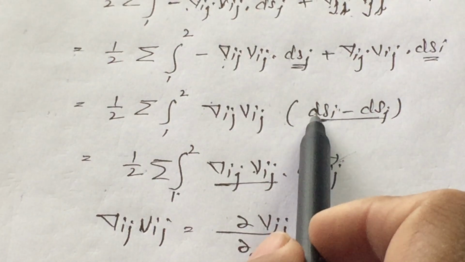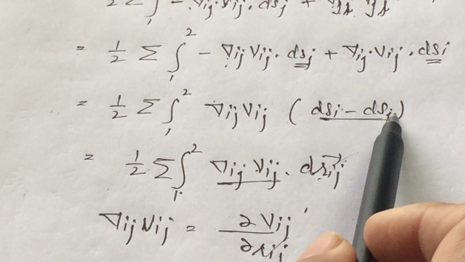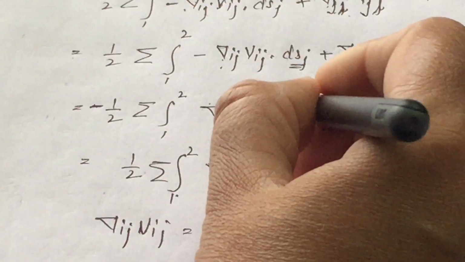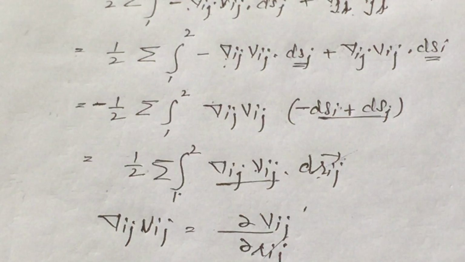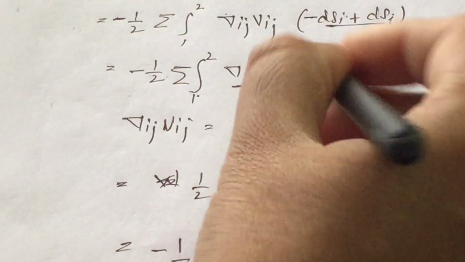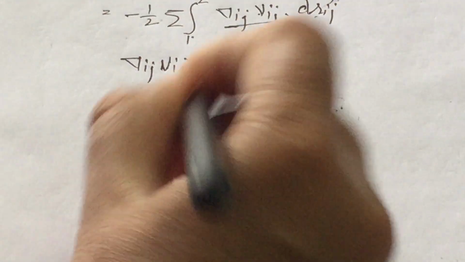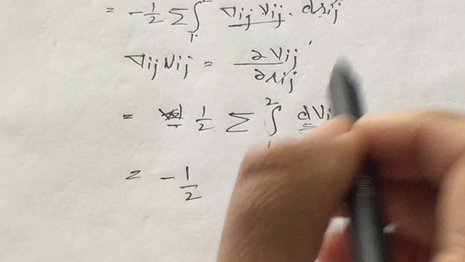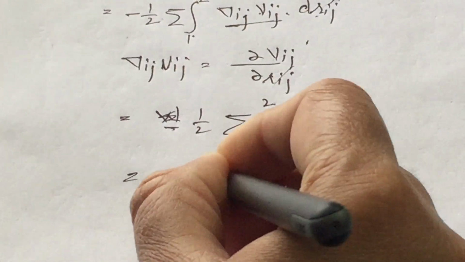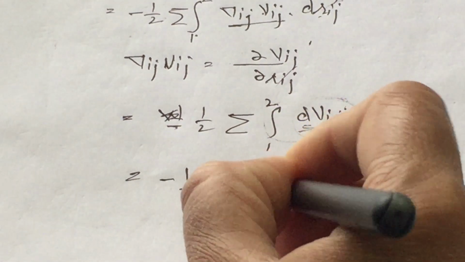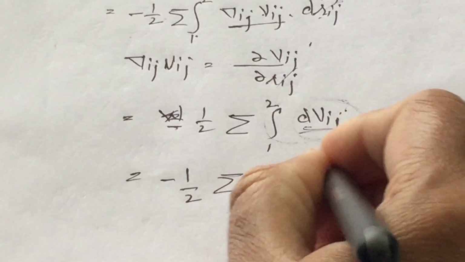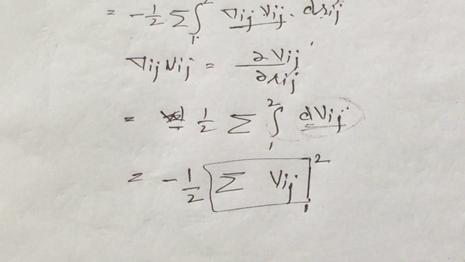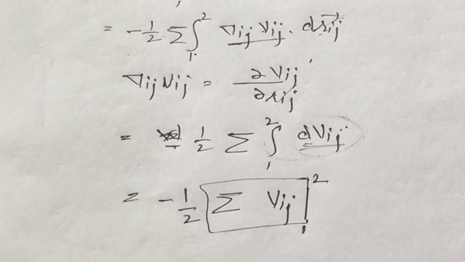What will we get? We will get dsj minus dsi. If we take this sign common, we will get this negative term and this will get positive, and there is nothing change here. We will get the minus sign here, and if we integrate this, we will get the summation, and integrating this we will get Vij from 1 to 2 position. This whole term is indicating the change in the potential energy because of internal force.